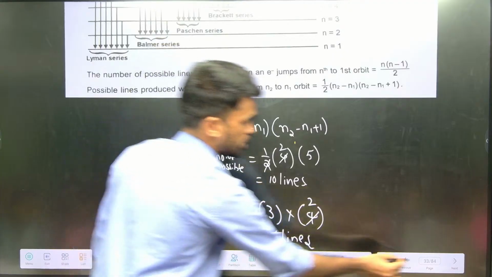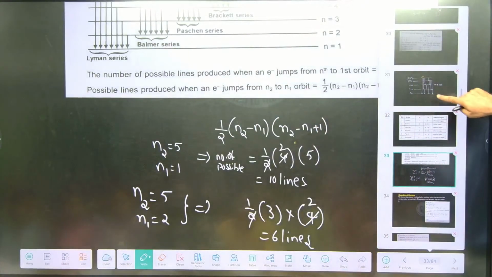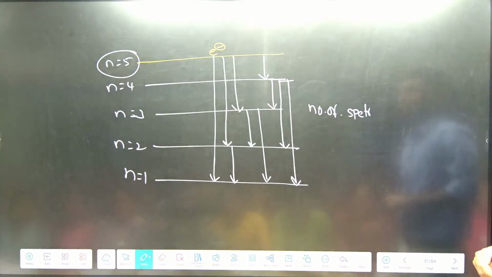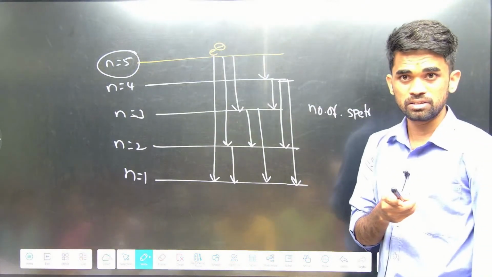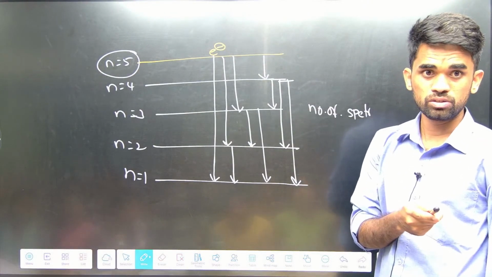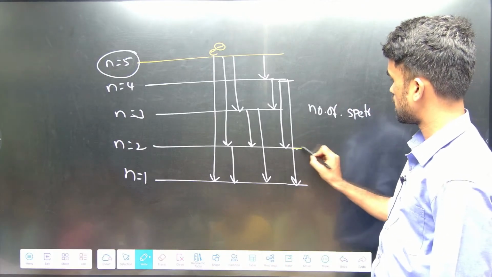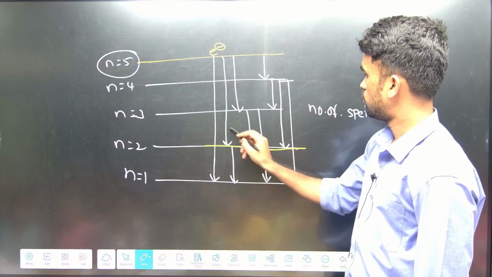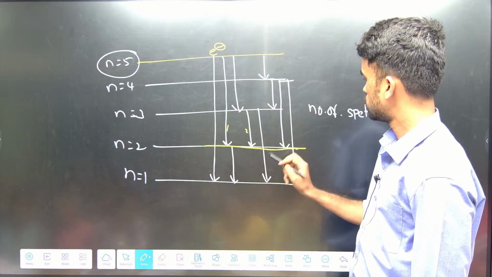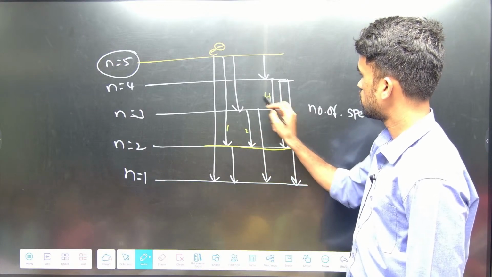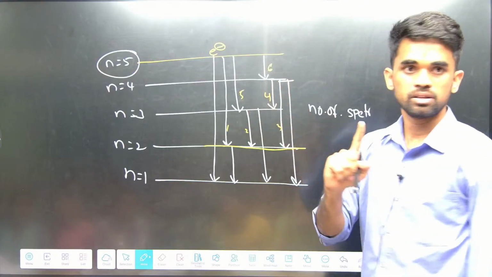If you want, you can calculate it in this diagram. From 5 to 2 means lines only up to here: 1, 2, 3, 4, 5, 6. Got it?